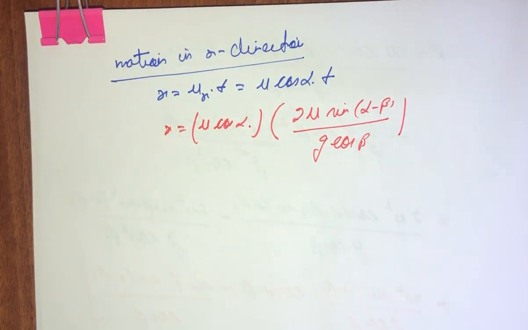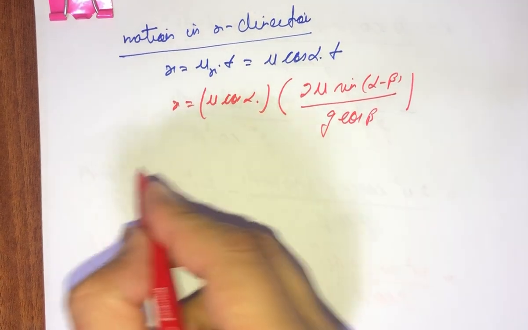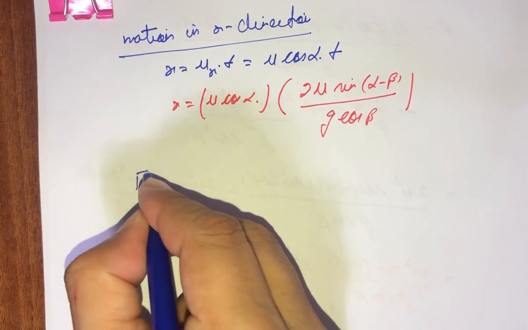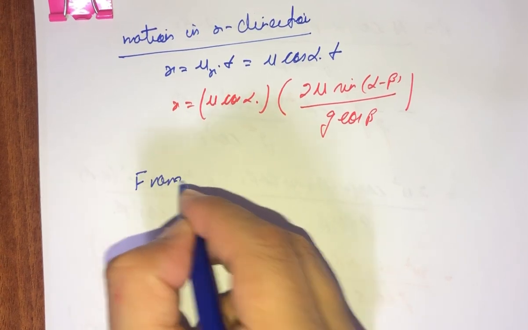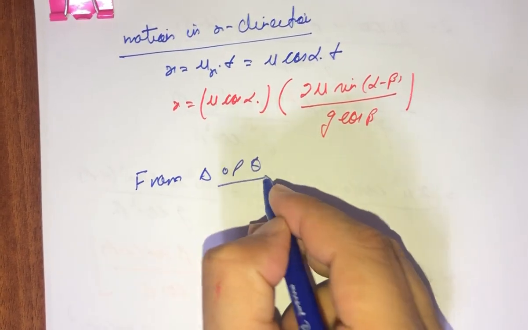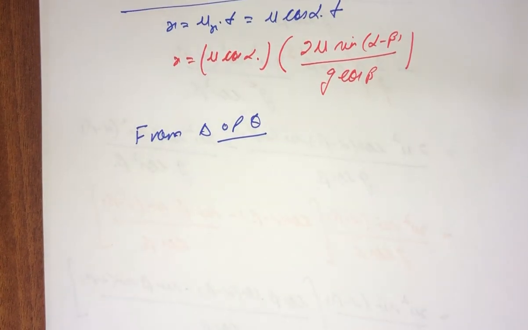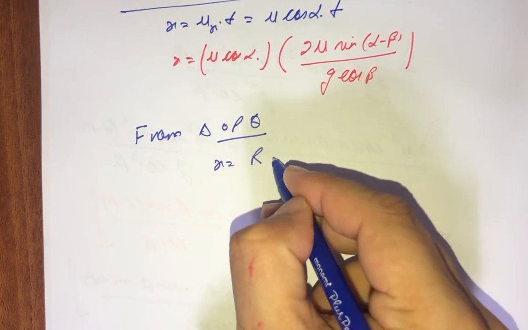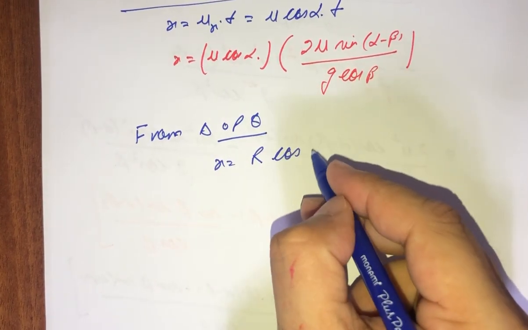Now from triangle OPQ, we can write that x will be equal to r cos beta.